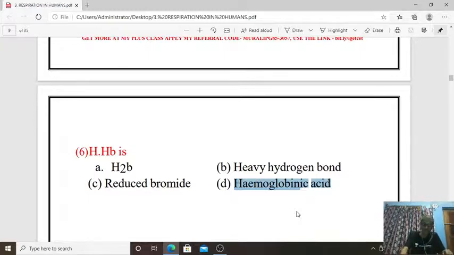There H2CO3, carbonic acid, is dissociated into H plus and HCO3 minus, the bicarbonate ion. That H plus ion combines with the hemoglobin to form hemoglobinic acid. So the answer for this question number 6 is hemoglobinic acid. So HB refers to hemoglobin, HHB refers to hemoglobinic acid. So answer is D for question number 6.